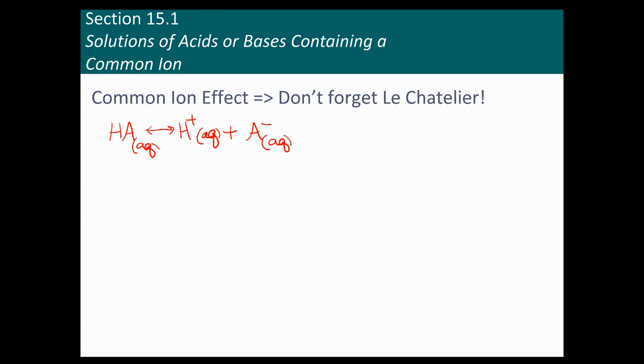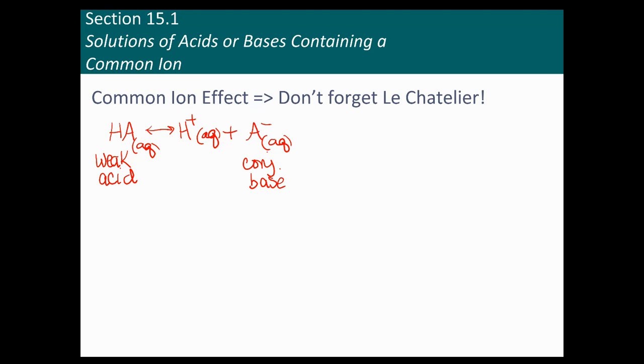So HA, weak acid, A minus, its conjugate base. Okay, so we have the weak acid in equilibrium with its conjugate base.